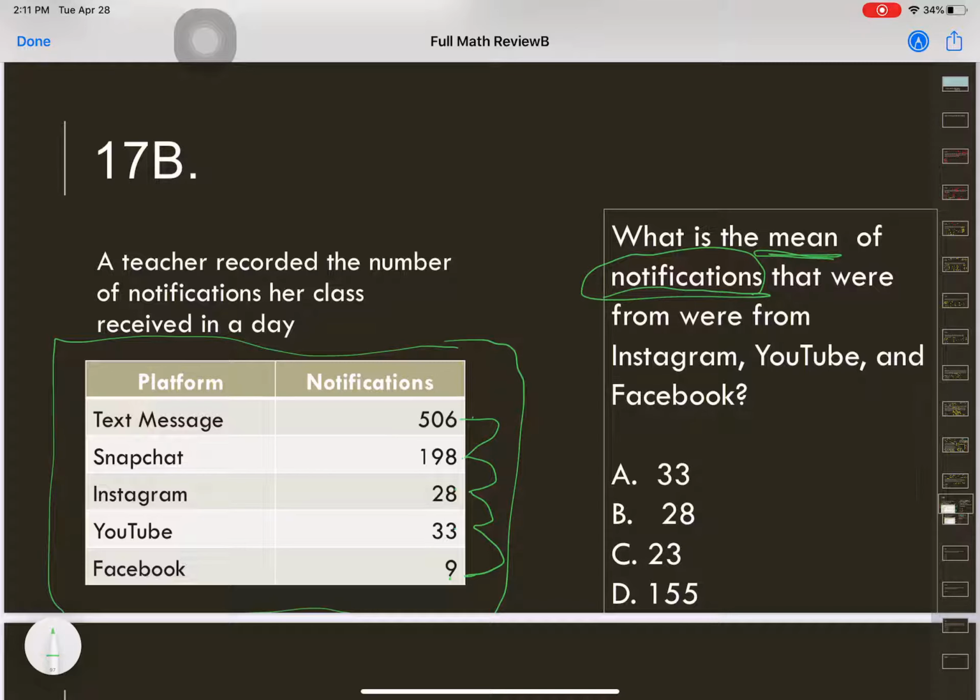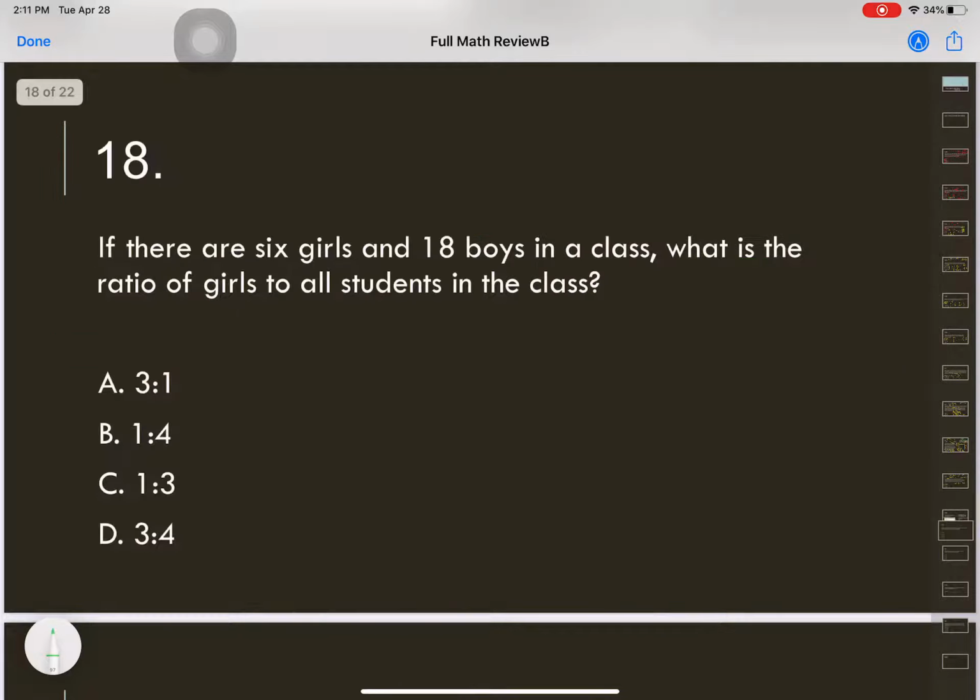What is the mean of the notifications that were from only Instagram, YouTube, and Facebook? So only Instagram, YouTube, and Facebook. So this one, and this one. So it's 28 plus 33 plus 9. And that'll be 70 divided by 3 is going to be 23 and some change. 23.33333. So that's that one.